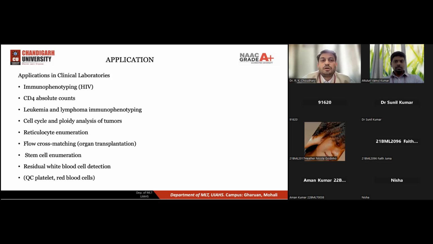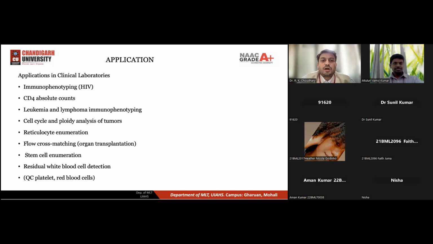We can find all of these through flow cytometry, but you need to change your color or your requirement, your channel. So first we use immunophenotyping for the CD4, CD8 count. You know that.